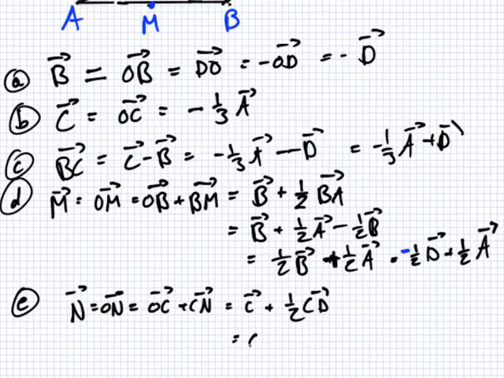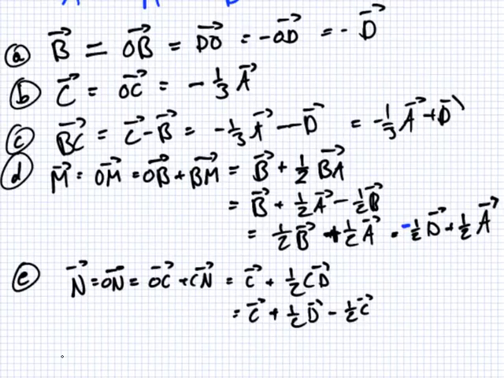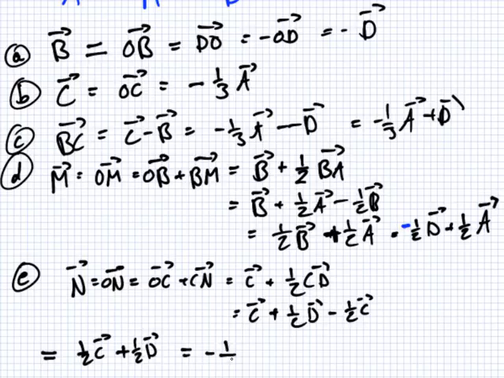So that would be C plus a half D minus a half C, which would be a half C plus a half D. The only problem here is the C, which I know is minus a third A. So the final answer is minus a sixth A plus a half D.